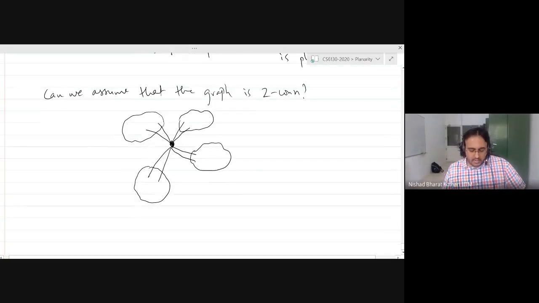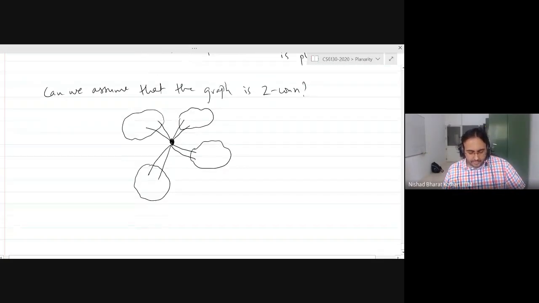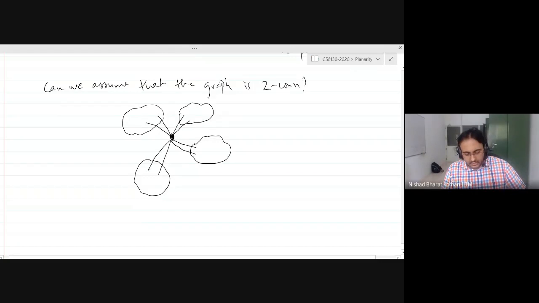I would like to claim that this graph is planar if and only if each block, remember these are the blocks, actually these are not blocks. For getting the blocks, you have to consider all the cut vertices. So I would like to prove something like this. So these are the components after deleting the vertex V. And this is the graph G.